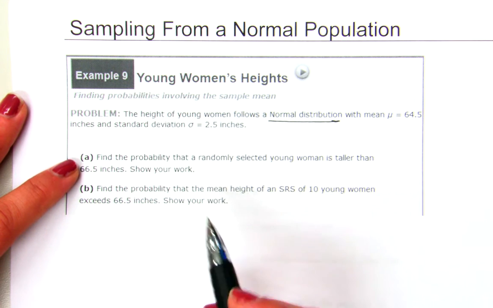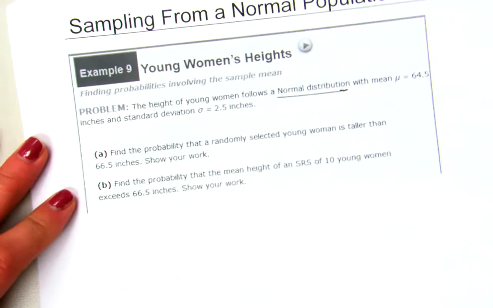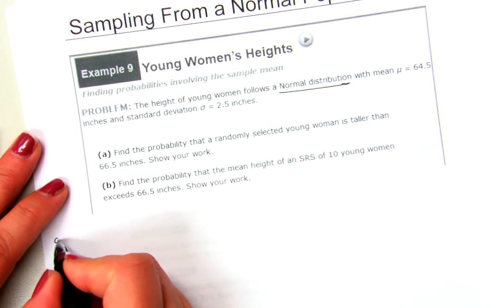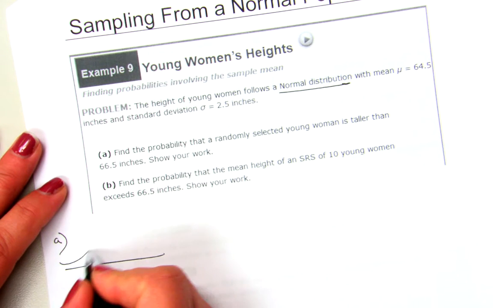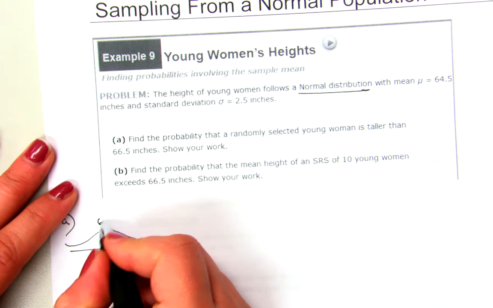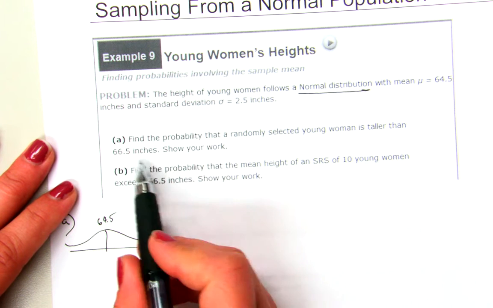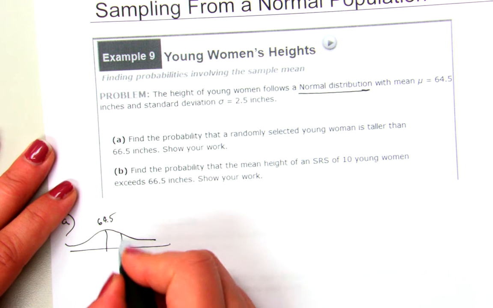So this part A is literally chapter 2, almost everything we've done before. There's your normal distribution. We've got a mean of 64.5. We want to know the probability that she's taller than 66.5 inches.